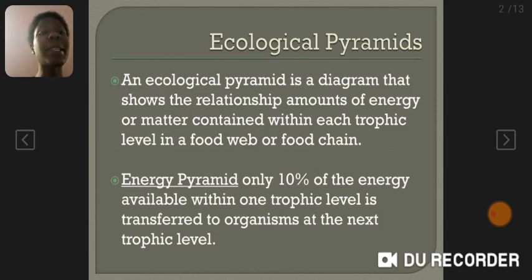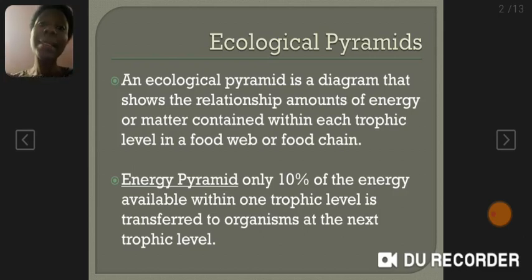So an ecological pyramid is a diagram that shows the relationship of the amount of energy or matter contained within each trophic level in a food web or food chain.